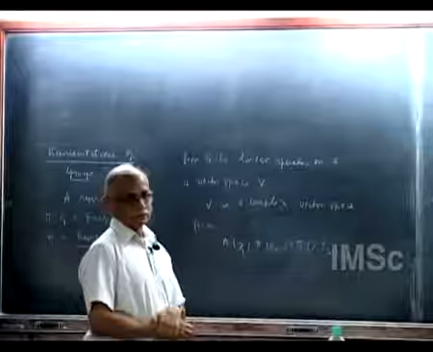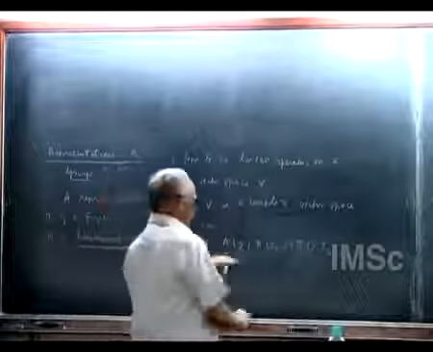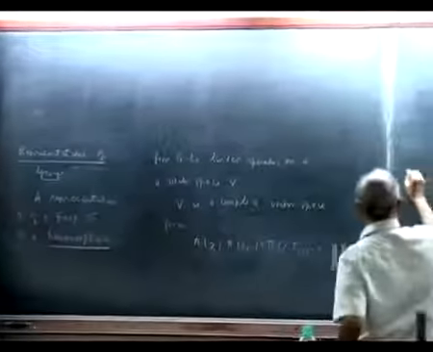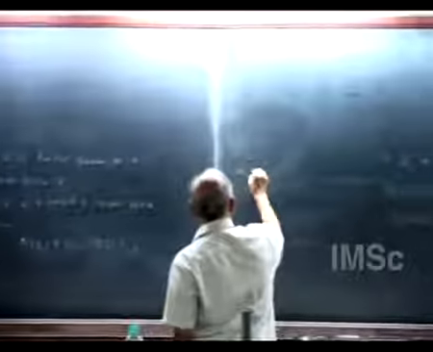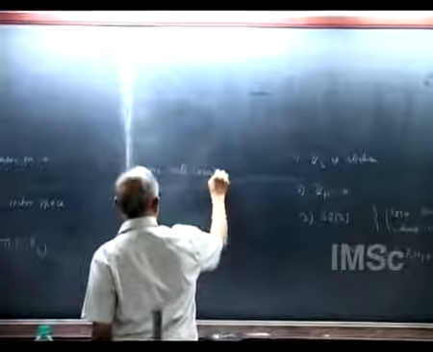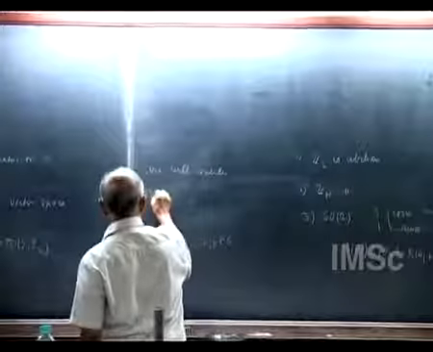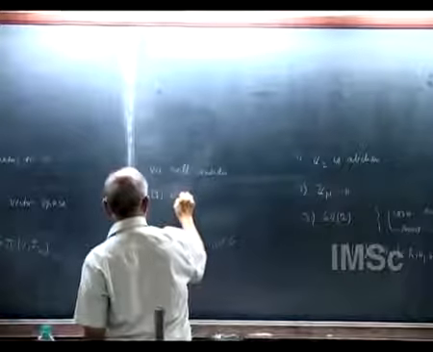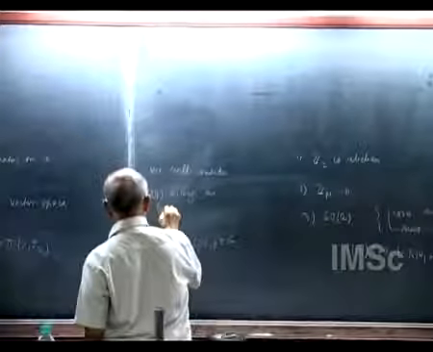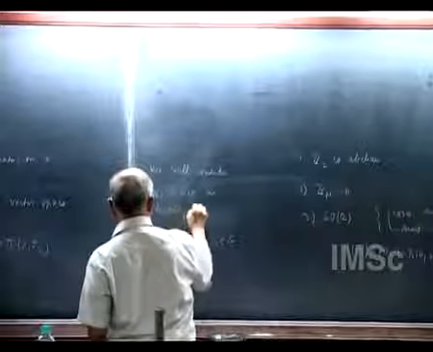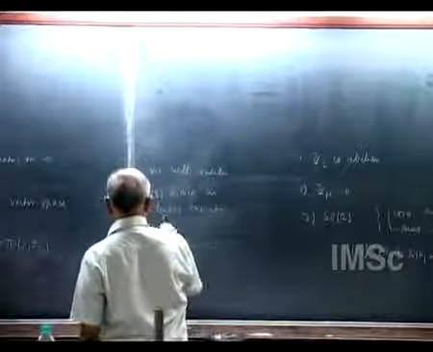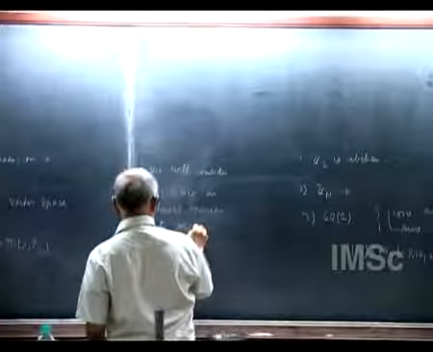Because it is a representation, right? And pi of g we will consider either as a linear operator or as a matrix in some basis.